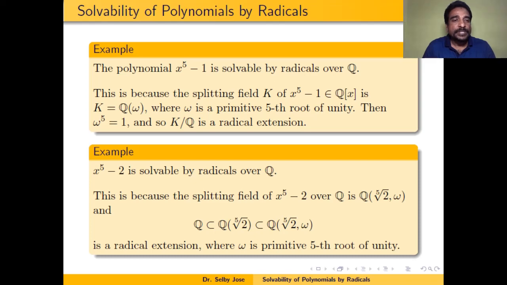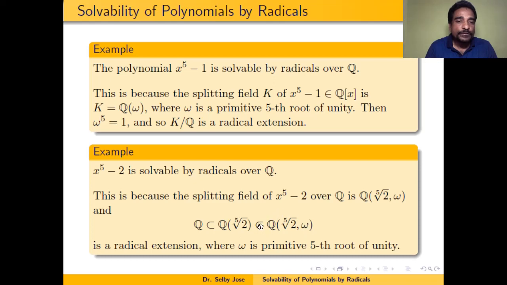So what about x^5 - 2? Is it solvable by radicals over Q? Now what is the splitting field of x^5 - 2? It is the same as Q(fifth root of 2, omega), where omega is the primitive fifth root of unity. So the extension Q(fifth root of 2, omega) over Q is in fact a radical extension because we have a tower of extensions: Q contained in Q(fifth root of 2) contained in Q(fifth root of 2, omega). And omega^5 is equal to 1, which is in Q(fifth root of 2).